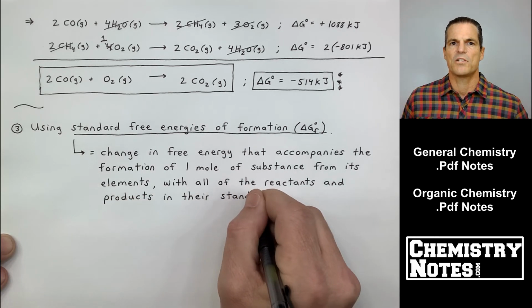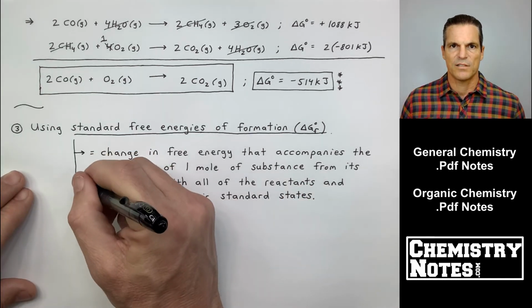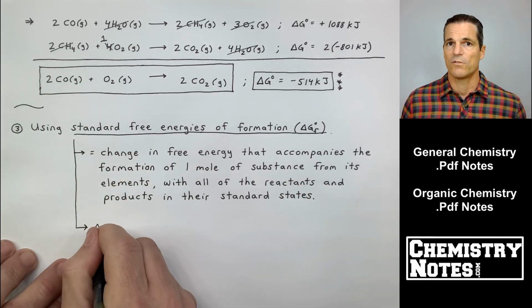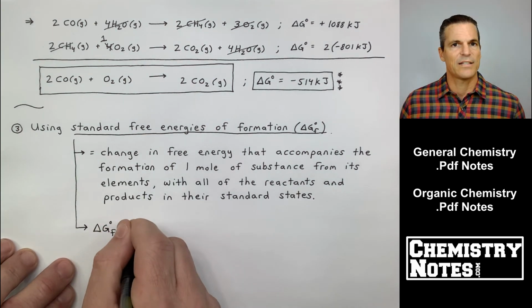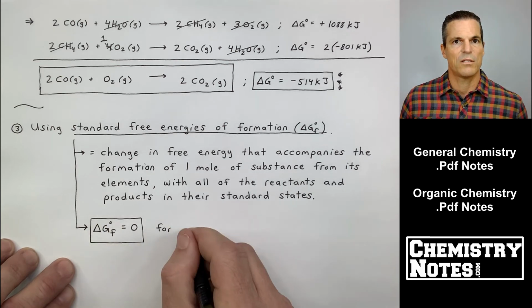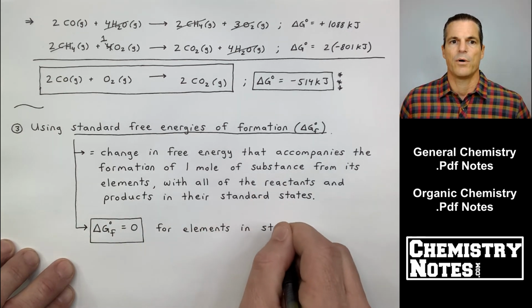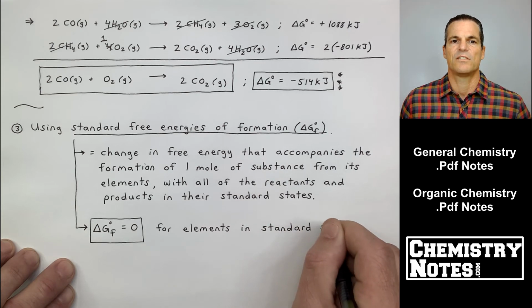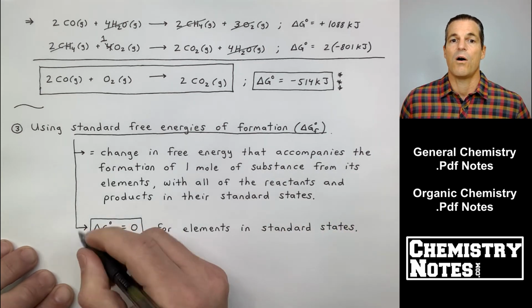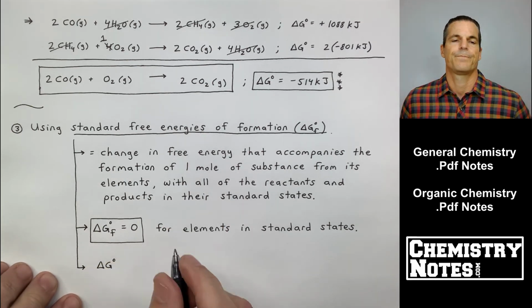Now it says formation of 1 mole of a substance from its elements. So if I'm given a substance that's already in its elemental form, then just like delta H back in section 6, the delta G formation is going to be 0. And it says that right here in our second bullet point. Delta GF equals 0 for elements that are already in their standard states or already in their elemental form.